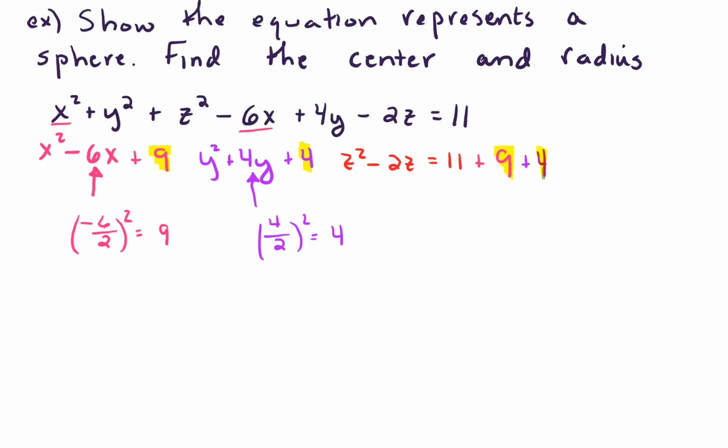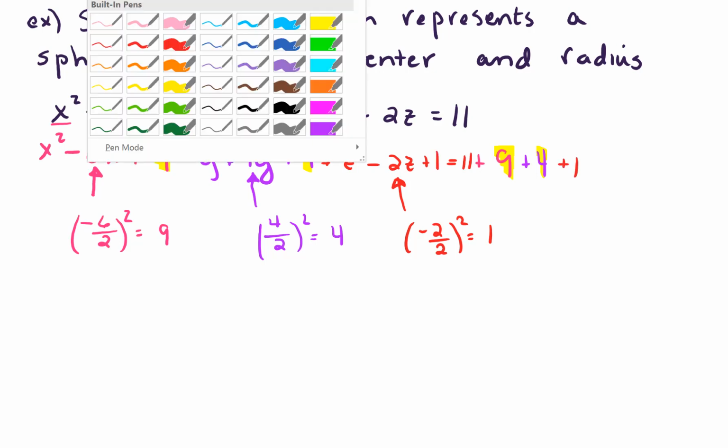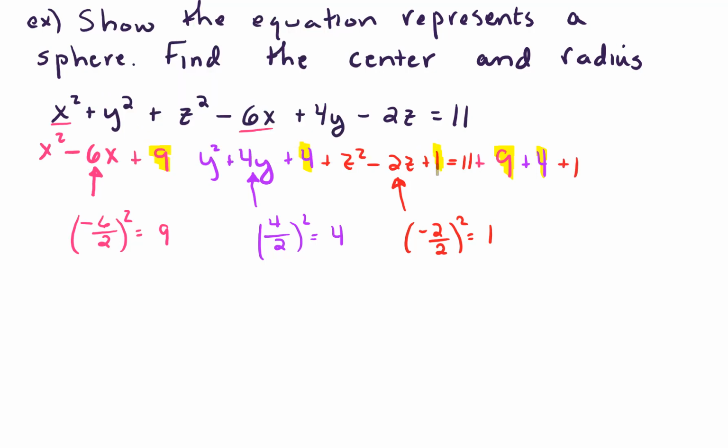And then for our last term here with z, maybe I'll make a little bit more room on our paper. Our b term here is negative 2, so we will take negative 2 divided by 2 squared. That turns out to be negative 1 squared, which is 1. I'm going to add 1 to both sides, and again I'll just highlight that we added that piece to both sides.